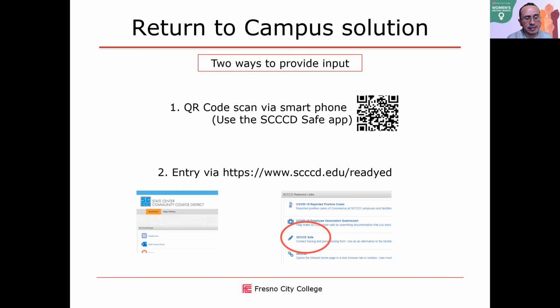That is where you find the web link to then answer the questions on the website if you don't want to download the app on your mobile device, which is fine. You can still give us the information that we require from you by utilizing the portal and the website that you see within the portal.